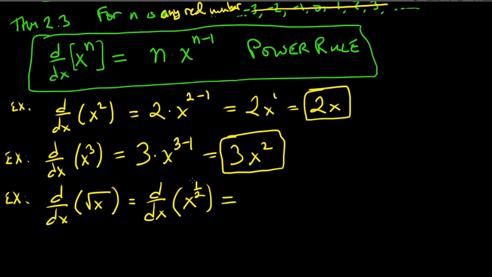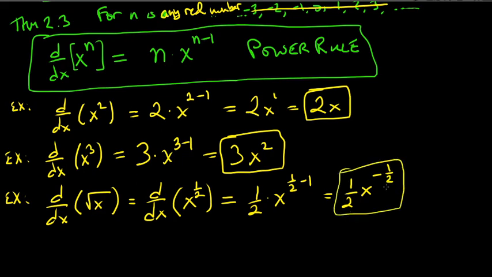Applying the rule with n equal to 1/2, we get 1/2 times x to the power 1/2 minus 1. What's 1/2 minus 1? It's negative 1/2. So we get 1/2 x to the negative 1/2, or if you prefer, in terms of a radical, remember negative 1/2 means it's in the denominator.